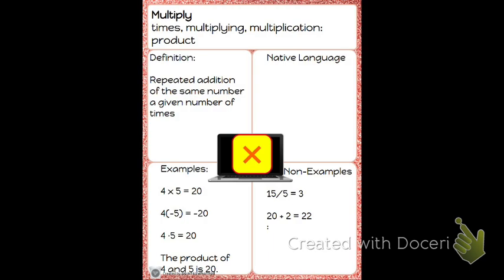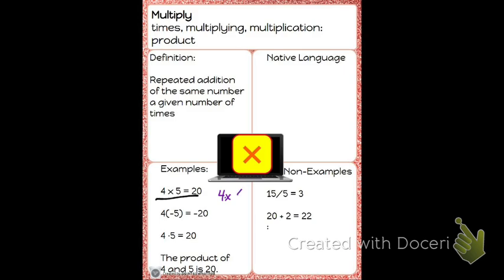Some examples, you'll see that for multiplication, you might see it with the X, or as we're going to get into algebra, you might see something like this, and that means 4 times some unknown number. We don't see like a dot there for multiply, but that's what it means.